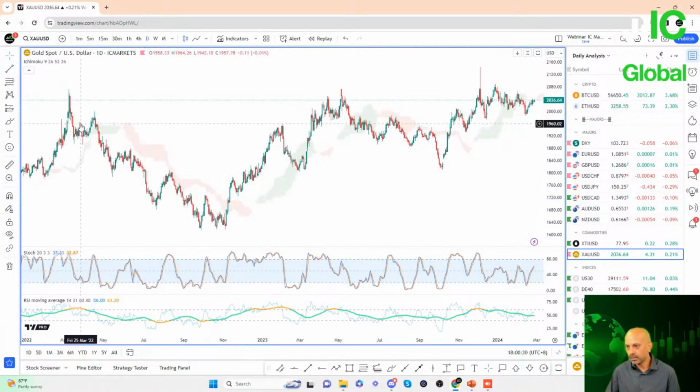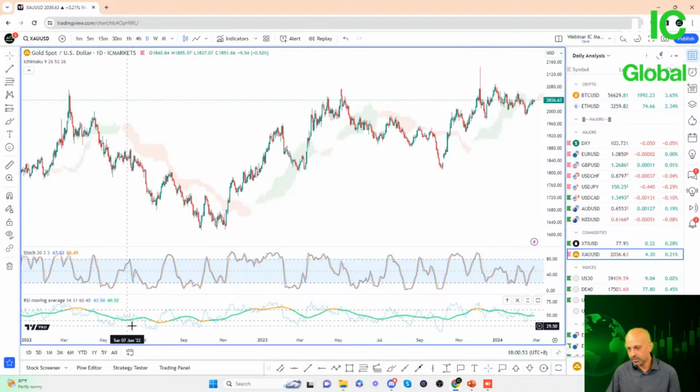So when we look at the Ichimoku cloud and we look at the stochastic oscillator, right? As we know, when the stochastic oscillator reading goes above 80, it typically highlights potential overbought conditions. Similarly, when the reading goes under 20, it typically highlights oversold conditions, right?